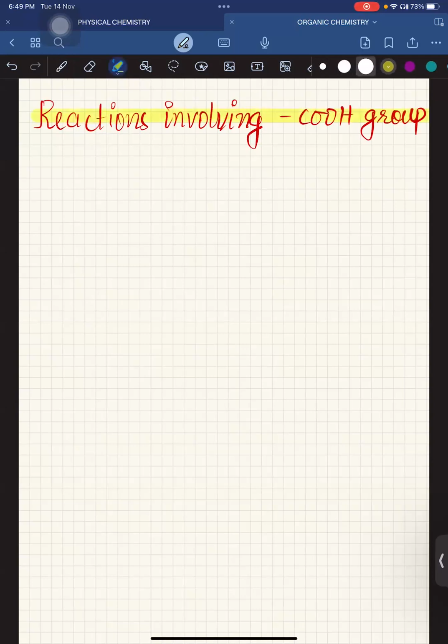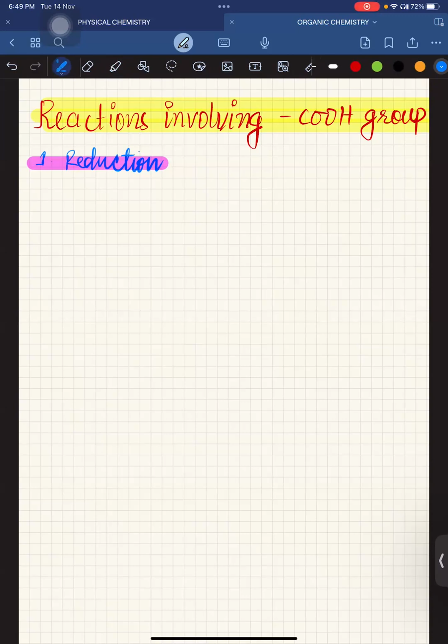So very simple it is if you are going to see the COOH group. The first reaction involved is reduction. That means you are going to reduce carboxylic acid.